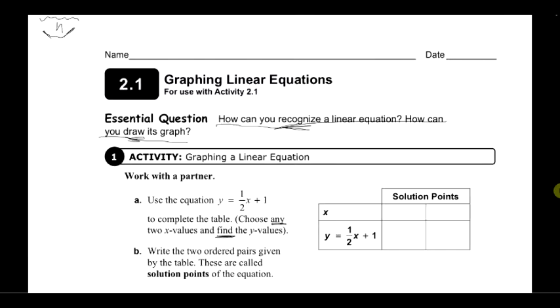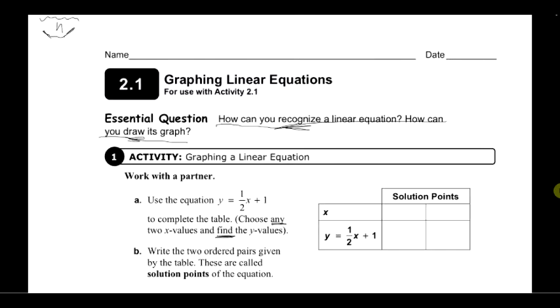Now, I'm going to choose some easy numbers because it's math. Let's not make things more difficult than they have to be. We do that in everything else in our lives. I see here that it's going to be 1/2 times x, or 1/2 times whatever number I choose, then plus 1.